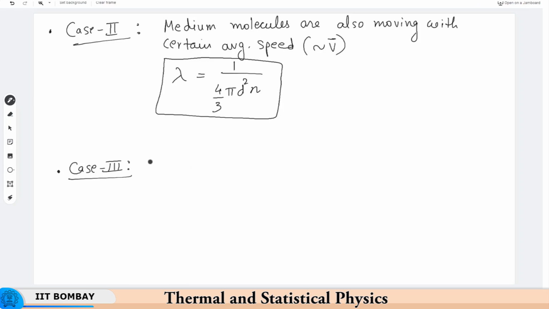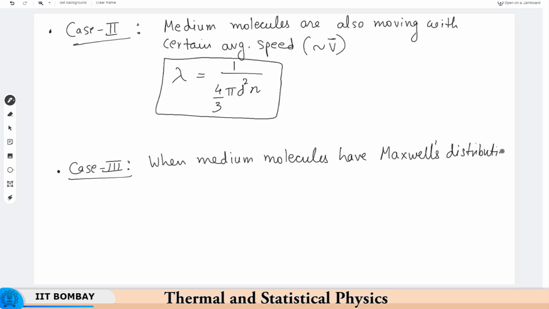So, when medium molecules have a Maxwell distribution of speeds, and if we do that calculation, the result is as follows. Lambda takes the form 1 by square root of 2 pi d squared n. Okay.